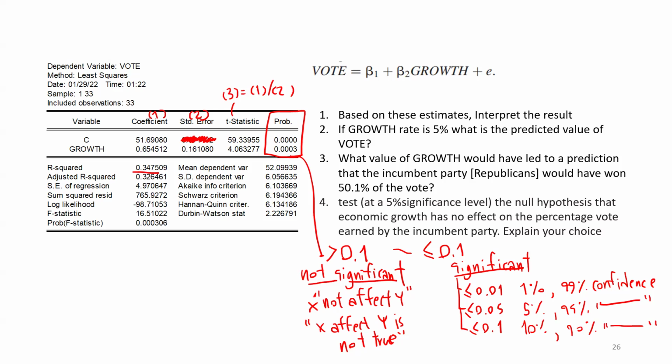Can you answer me, in this printout, when I would like to interpret the effect of growth on vote, the probability is 0.0003. Which case? 1, 2, or 3?